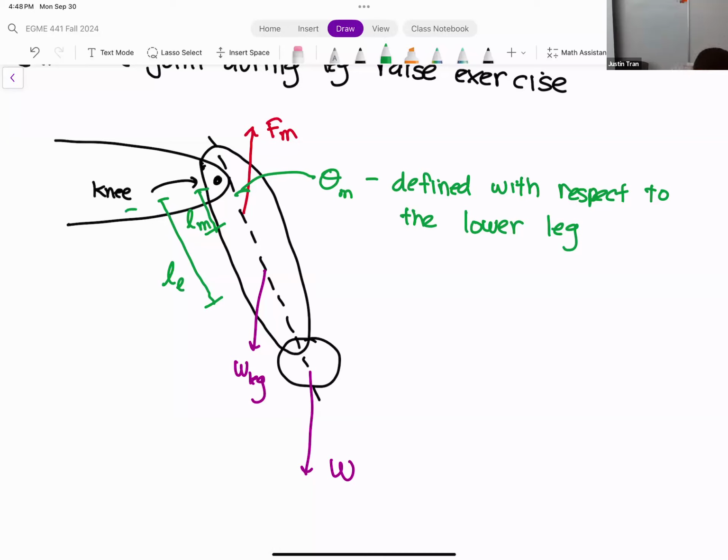And then we have the distance from the knee joint all the way down to the foot. Okay. And so we'll call this LW. Okay. So all the distances that are given here, you can see that they're distances from the knee joint to a certain force vector, and they're all measured along the lower limb. Okay.